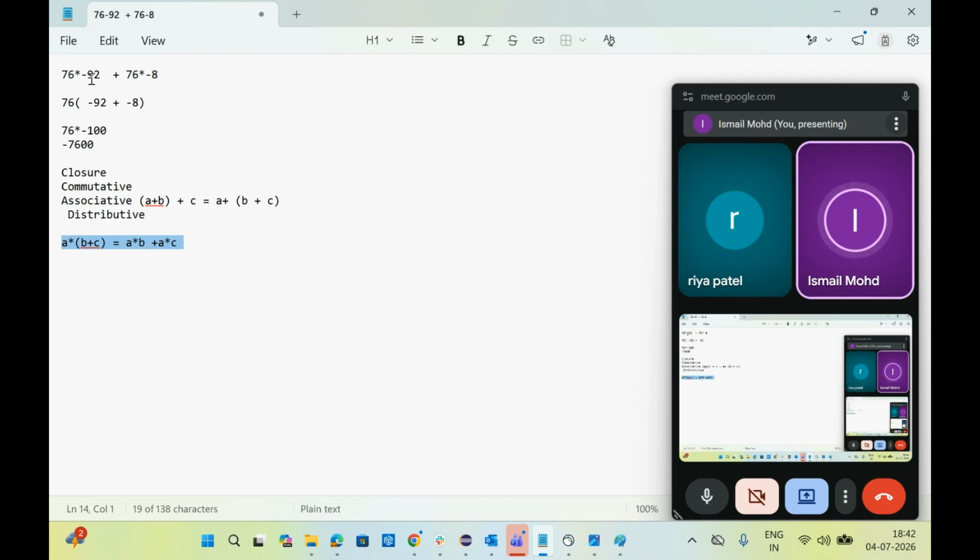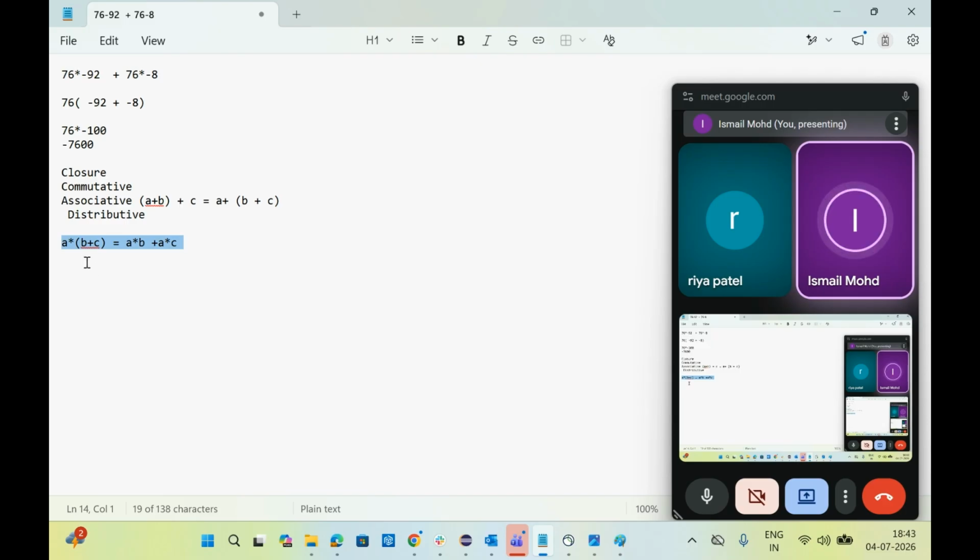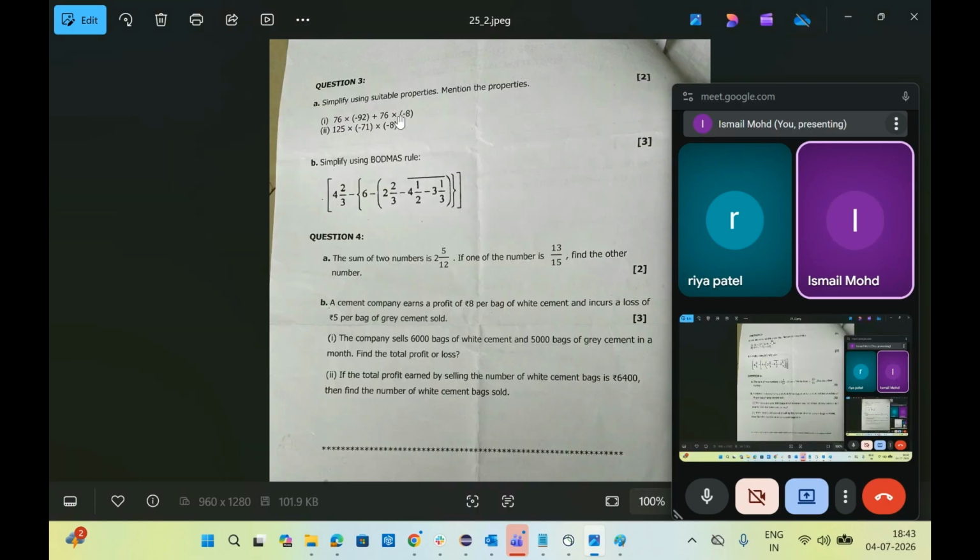Here you are distributing a over b and c. You have to say distributive property of multiplication over addition. So it is the distributive property.